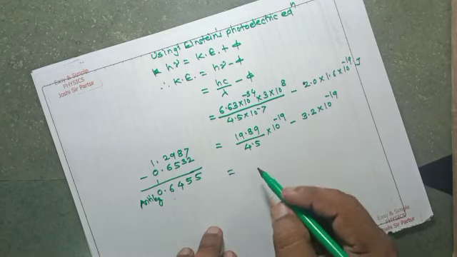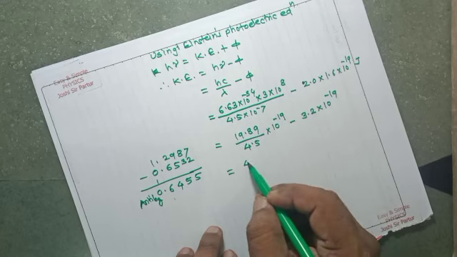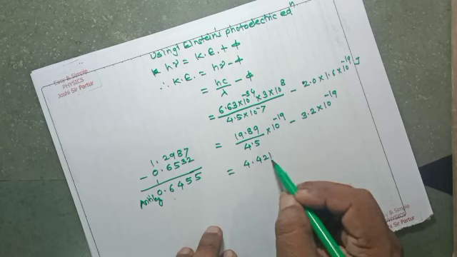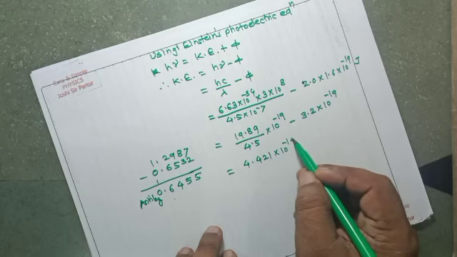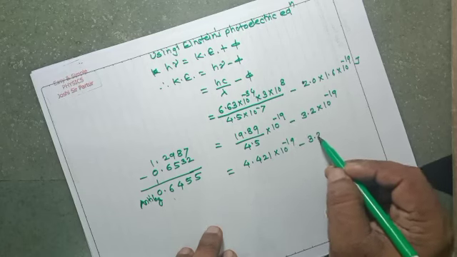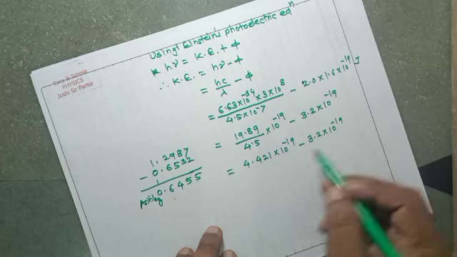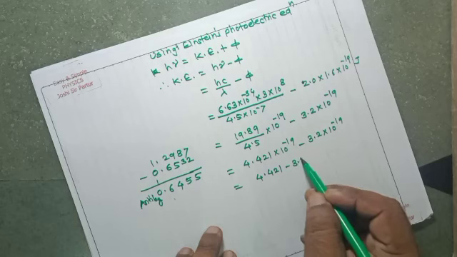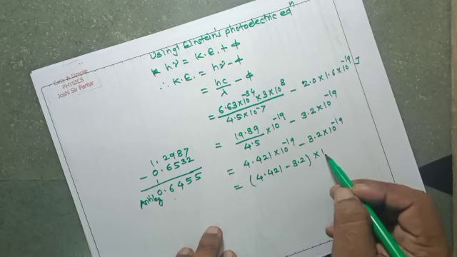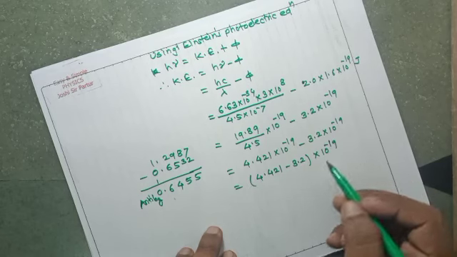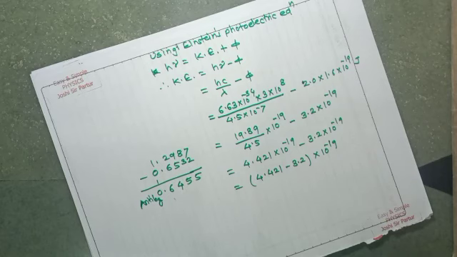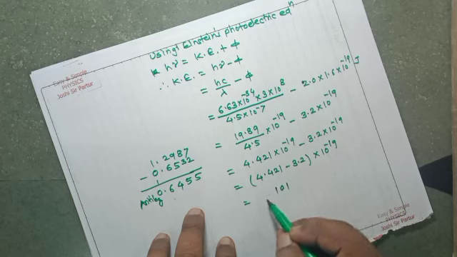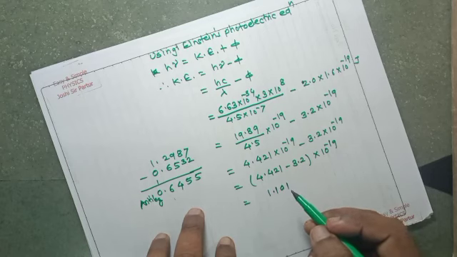So here the antilog will be 4.421 into 10 to the power minus 19 minus 3.2 into 10 to the power minus 19. So 4.421 minus 3.2 into 10 to the power minus 19. So what happened? 1.221.